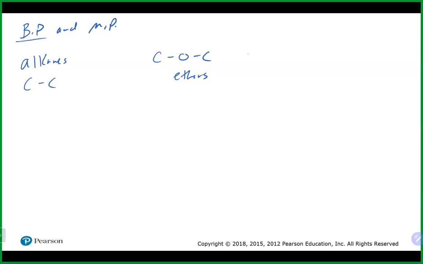We have things like our aldehydes and ketones. And we have things like our alcohols here, right? So in terms of boiling point and even melting point, really these things are affected by how strongly these molecules can interact with themselves.